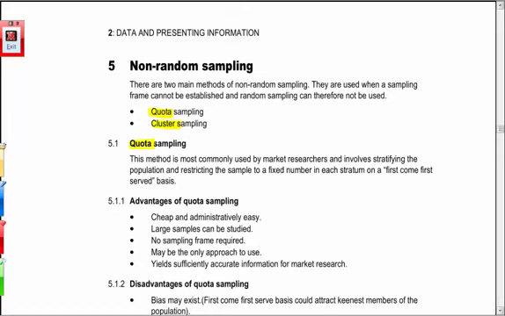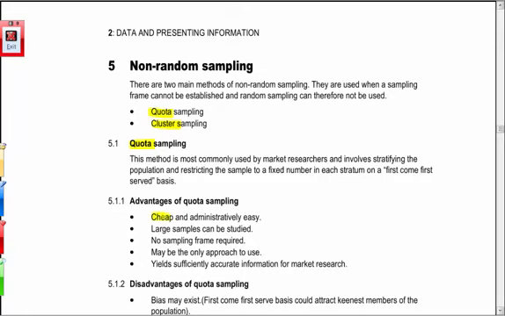Quota sampling then is when market researchers are going to stratify the population and restrict the sample to a fixed number, so sort of first come, first served. So if they wanted to obtain information or opinions and they needed 40% females and 60% males, they wanted to survey 100 people, they would just ask the first 40 men and the first 60 women.